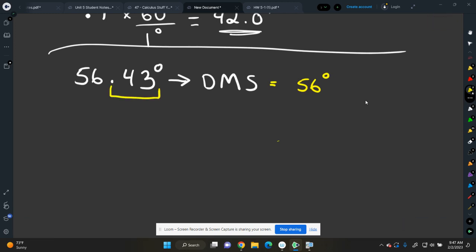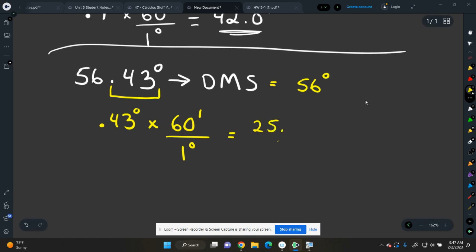We're going to take that decimal part of the degree and convert it to minutes. So we're going to do 0.43 degrees times 60 minutes in 1 degree. So 0.43 times 60 gives us 25.8 minutes.